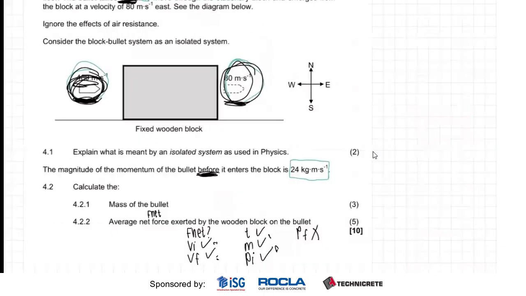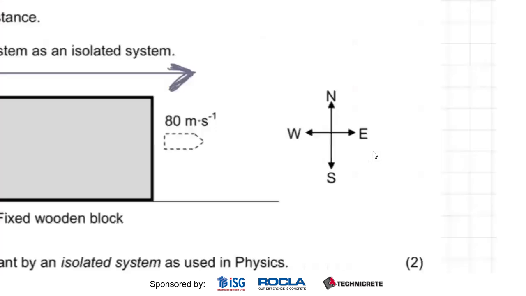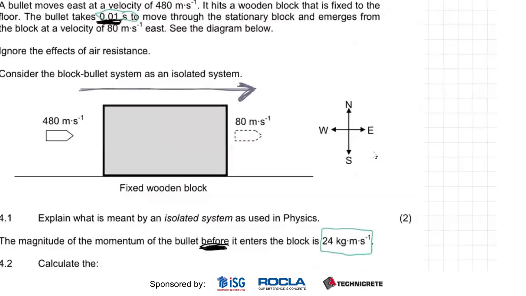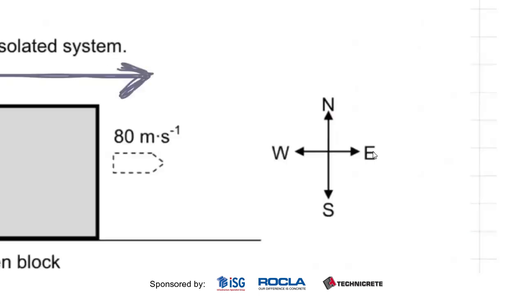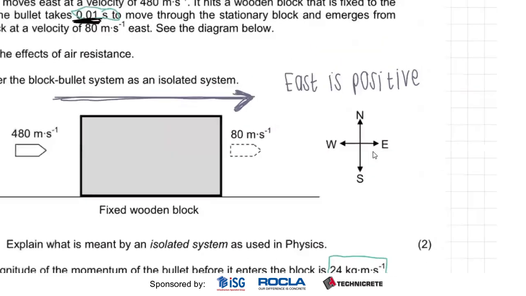Okay. So the whole time in the system, everything we were told was happening eastwards. So in this system, just because of what happened, east was positive. We can literally see on this compass, we're going this way, and that way is east. East is positive.